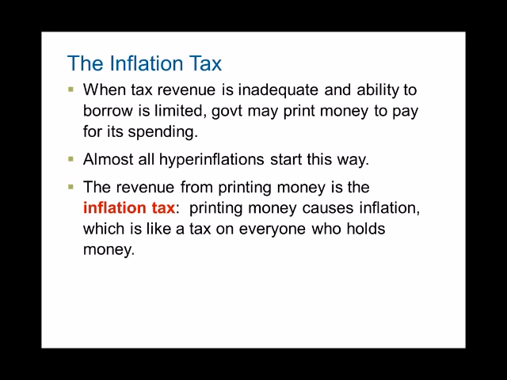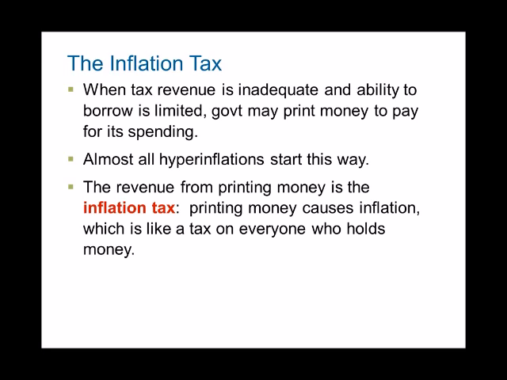The revenue from printing money is called inflation tax, because printing money causes inflation, which is a tax on everyone who holds money. If I hold $500 in my savings account, and the government printed money and reduced the value of money, my $500 in the bank will not purchase $500 worth of goods anymore. Let's say $500 would purchase 500 loaves of bread.